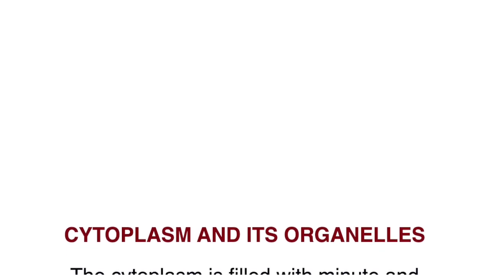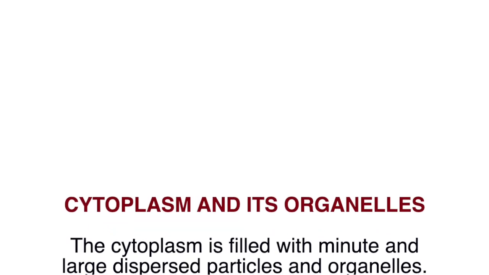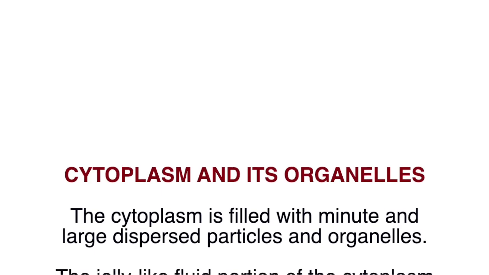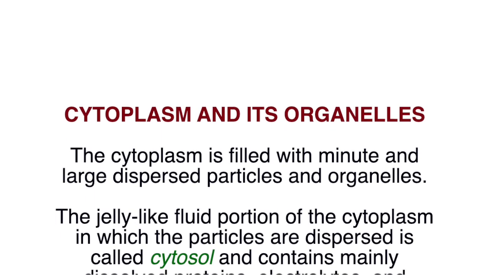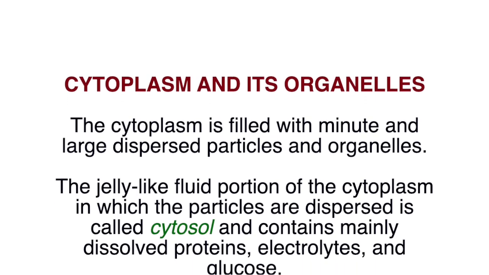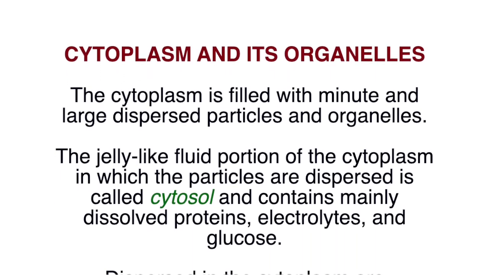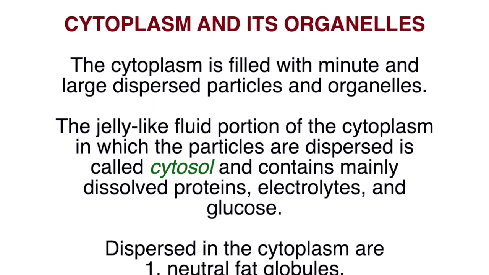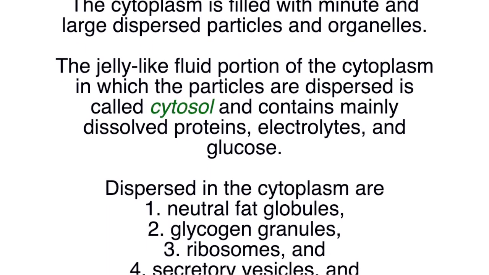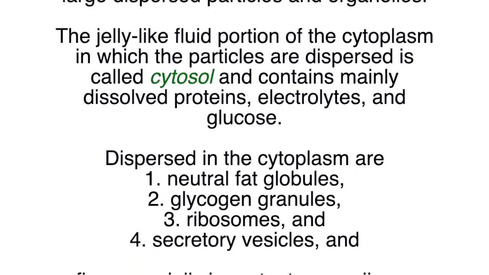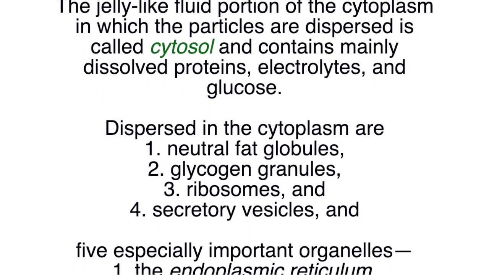Cytoplasm and its organelles. The cytoplasm is filled with minute and large dispersed particles and organelles. The jelly-like fluid portion of the cytoplasm, in which particles are dispersed, is called cytosol and contains mainly dissolved proteins, electrolytes, and glucose.